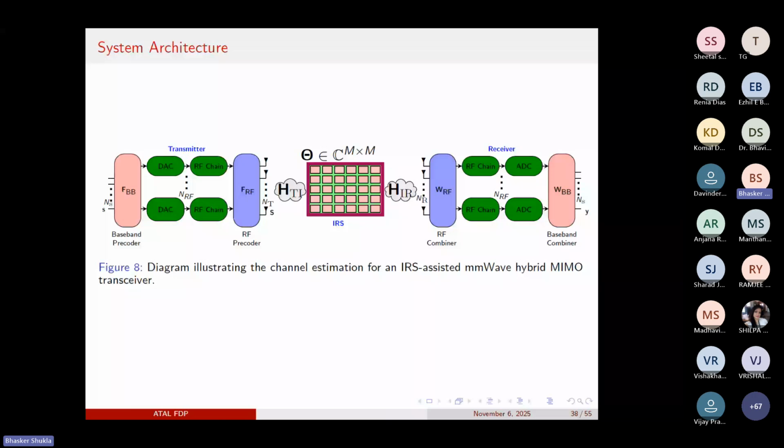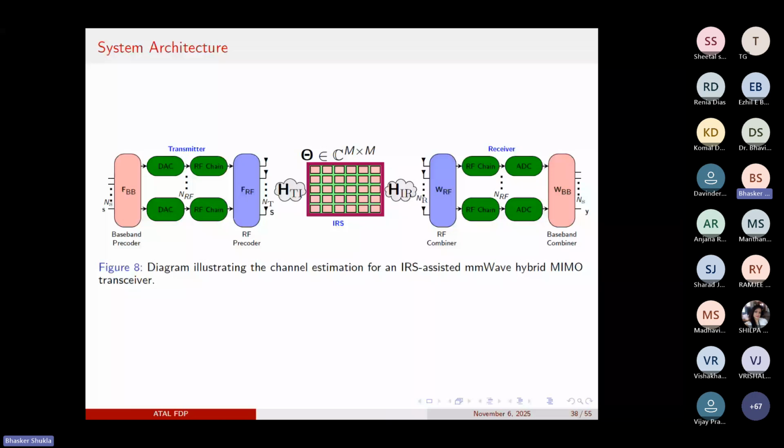Again, the millimeter wave has the same structure as in previous works. So the basic target is to estimate the cascaded channels, means HTI, theta, HIR.